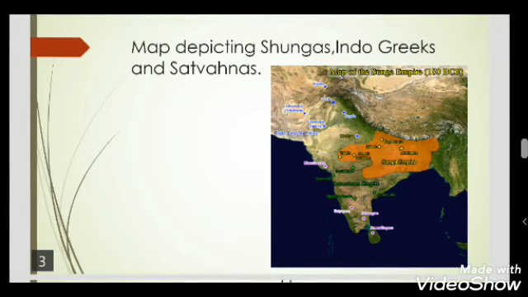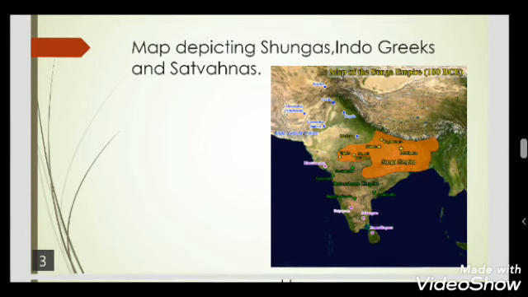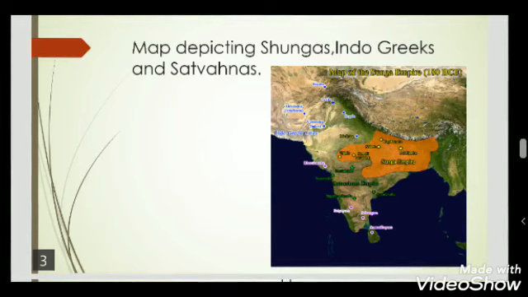So how does the Mauryan Empire finally come to its end? The last ruler of the Mauryan Empire, called Brihadratha, was assassinated by his own minister, Pushyamitra Shunga. This person, Pushyamitra Shunga, forms the next dynasty which comes after the Mauryas, that is called the Shunga dynasty.